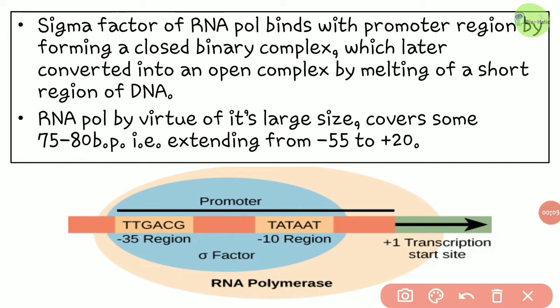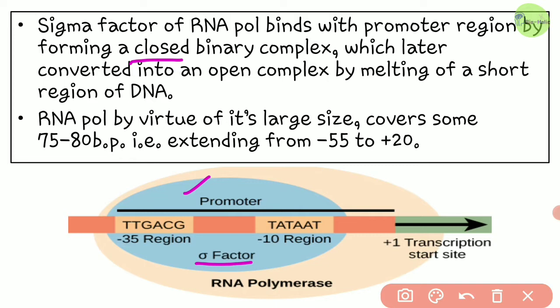So in the first step, the sigma factor of RNA polymerase recognizes and binds with the promoter region by forming a closed binary complex, which is later converted into an open complex by melting of a short region of DNA. Here closed means the DNA remains duplex or double-stranded.